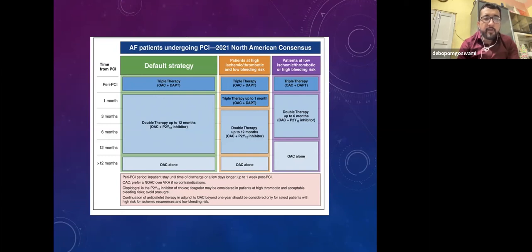And after that, we go for the double therapy up to 6 months. And then after 6 months, we shift the patient to oral anticoagulation alone. Now, what is defined as the peri-PCI period is the inpatient stay until the time of discharge or a few days longer, up to 1 week post-PCI.